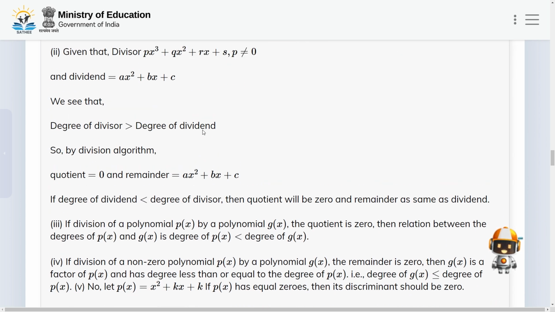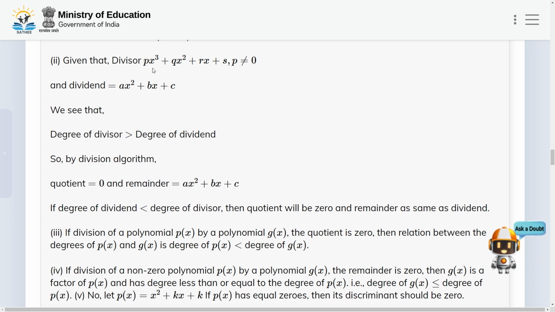So in the second one, given that the divisor is equal to px cube plus qx square plus rx plus s, where p does not equal 0, and the dividend is equal to ax square plus bx plus c, we see that the degree of the divisor is greater than the degree of the dividend.